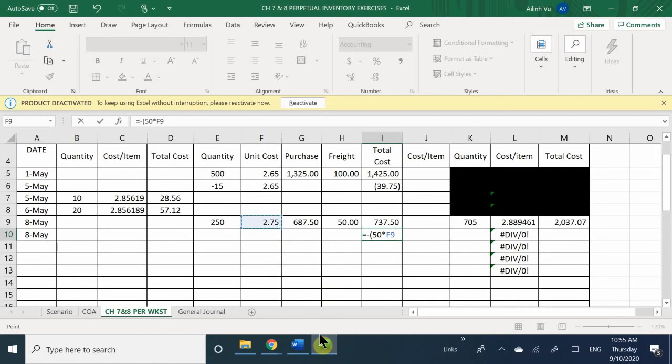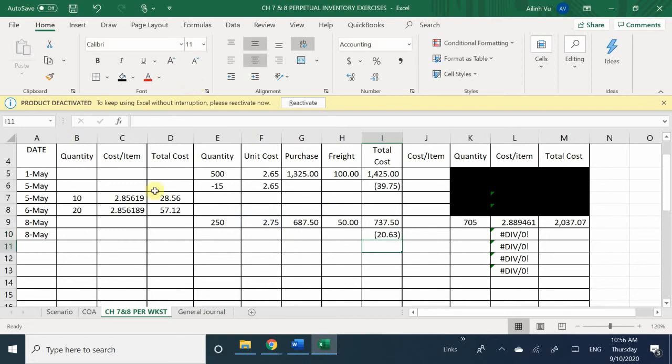And I'm going to take a 15% discount, which in this case is 0.15. So what is my total amount I am subtracting from my inventory? $20.63. Okay.